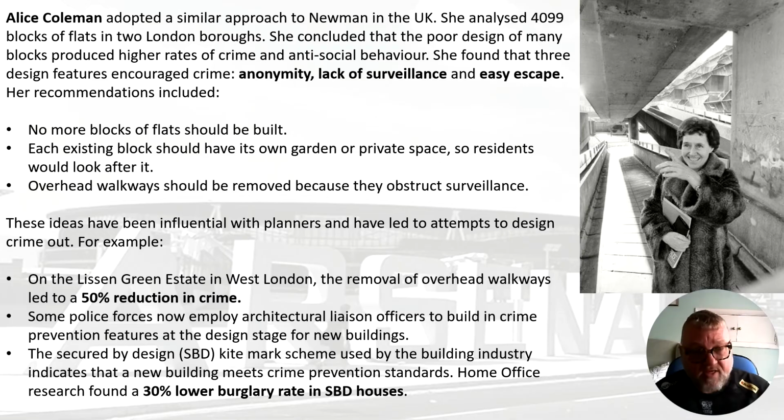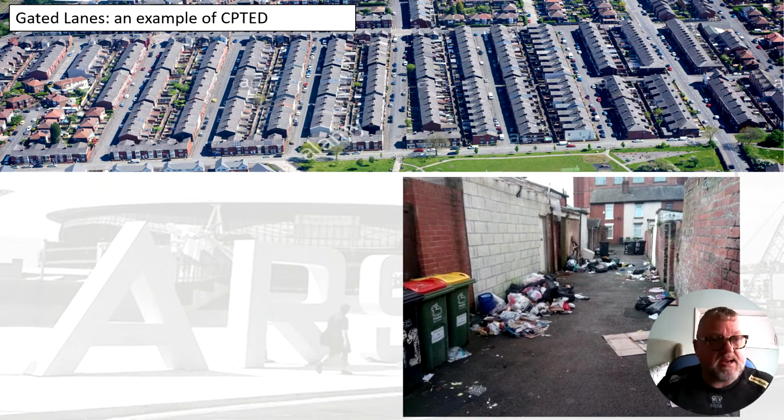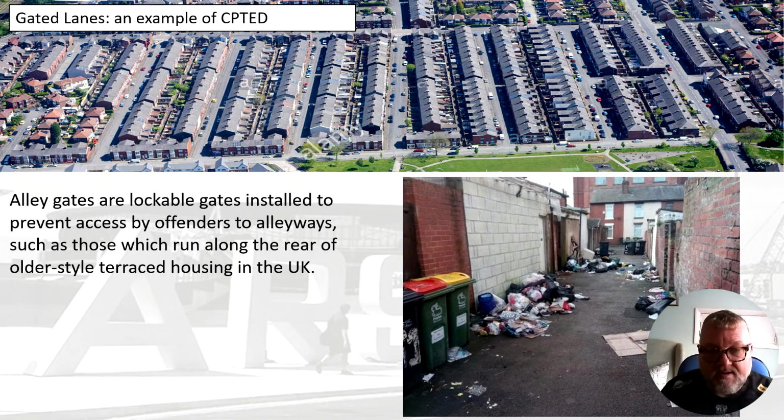Now, that's accepted, but the syllabus also requires you to be able to give 2 specific examples of this. So gated lanes is one of them. And so you could get a specific question on gated lanes. Now, not so much in the south west, but where I used to live up in the northeast in Hull, in 2 up, 2 down houses, it's very common for terraced houses to be set out like this.